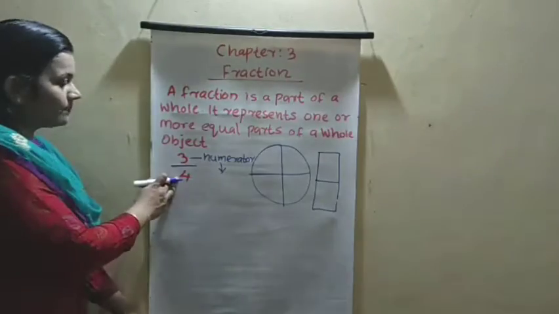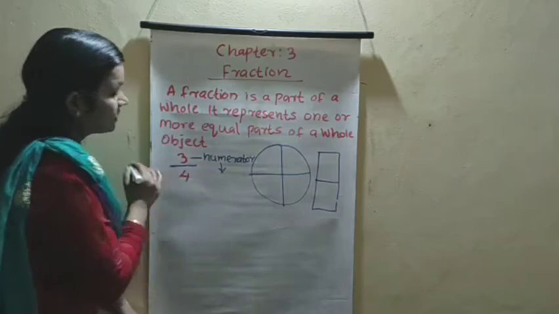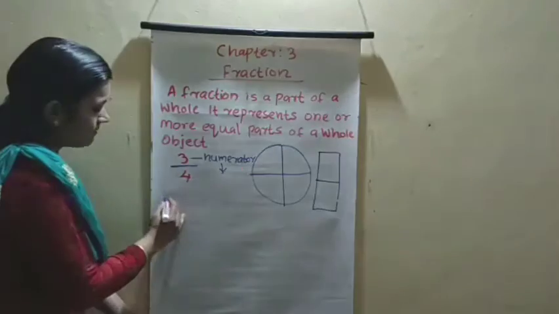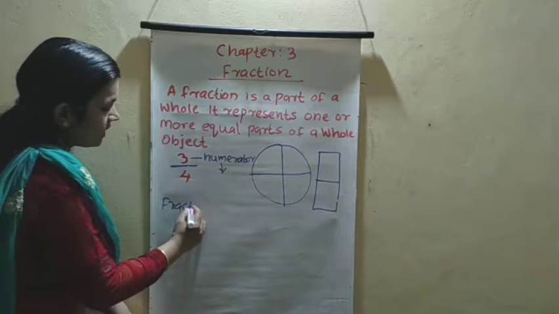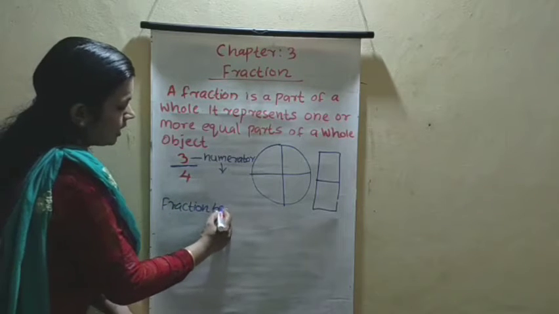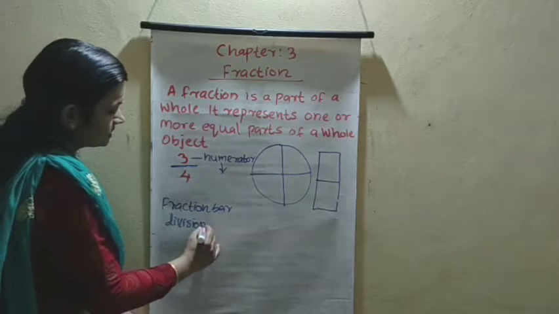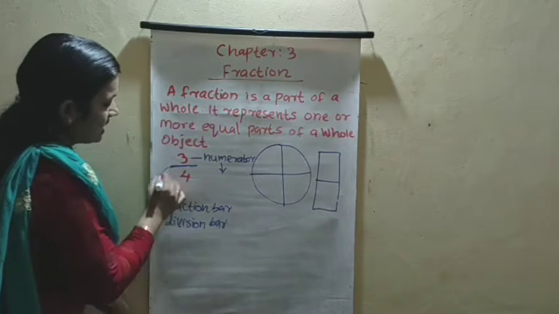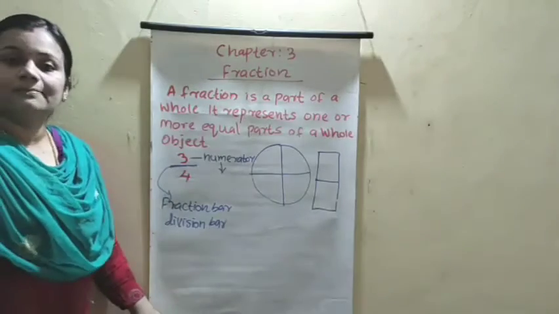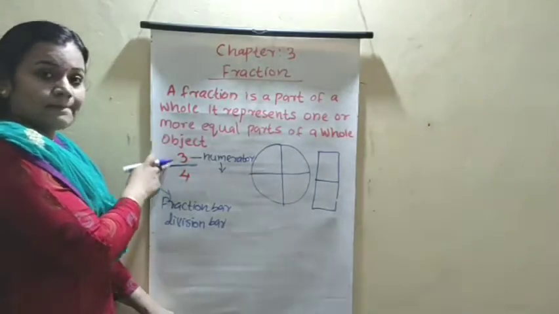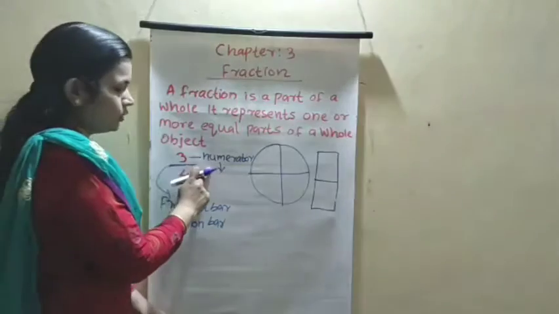Then what is 4? The next one. This line is called the fraction bar or division bar. What is this line called? Fraction bar or division bar. The 3, the number above the line, is called the numerator.